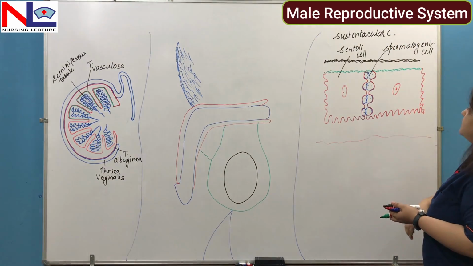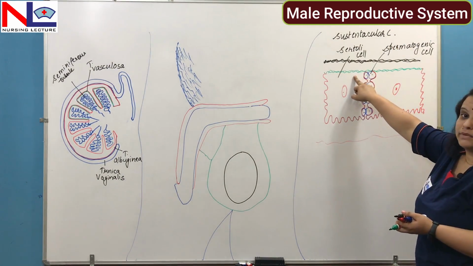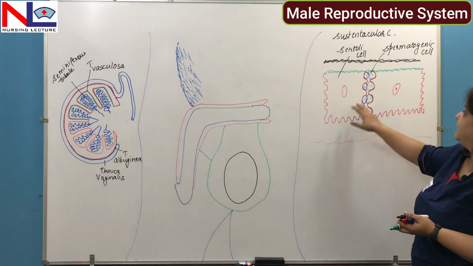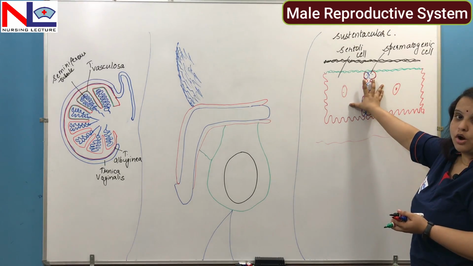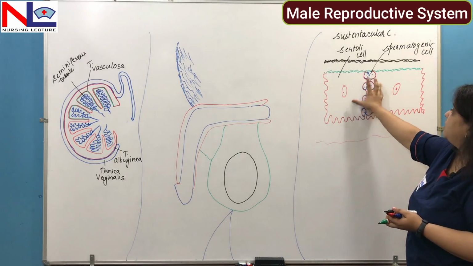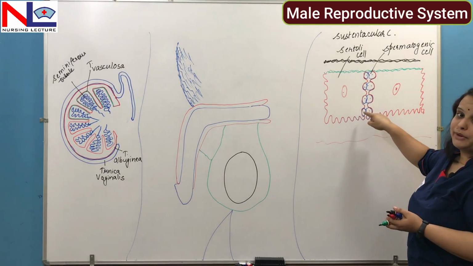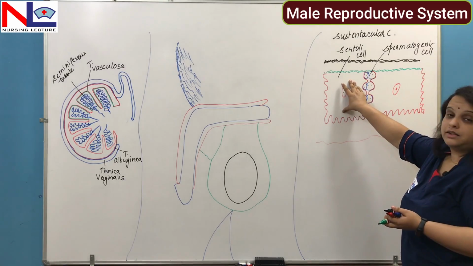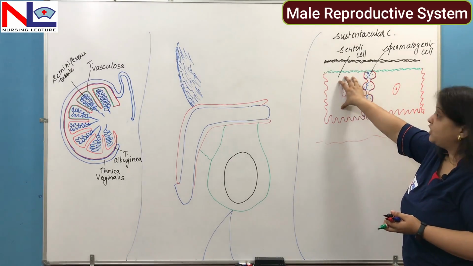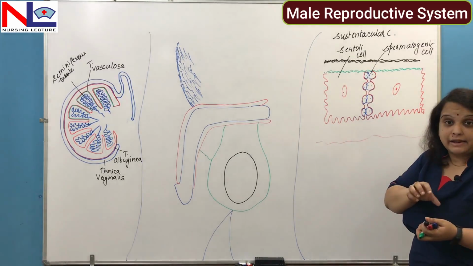So Sertoli cells or sustentacular cells extend from the basement membrane till the lumen, and are embedded within the wall of the seminiferous tubule along with the spermatogenic cells. These are the nurse cells because they nourish all the spermatogenic cells.